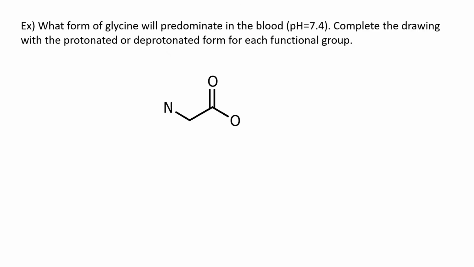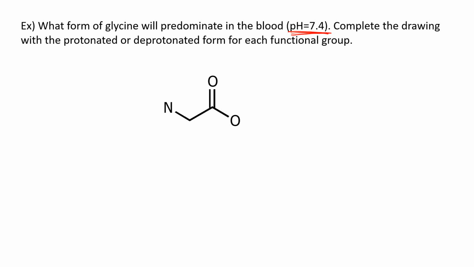All right, your turn. Here's glycine, same molecule. We're going to determine what form is predominant at a pH of 7.4. So pause the video, give this one a try, and when you come back, I'll show you the answer. All right, hopefully you were able to give this one a shot. So step 1, let's compare the pKa values to the pH values.